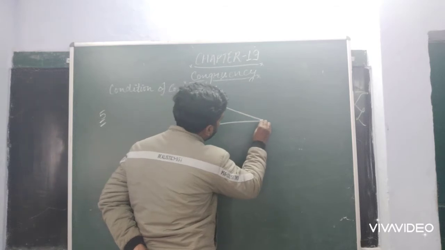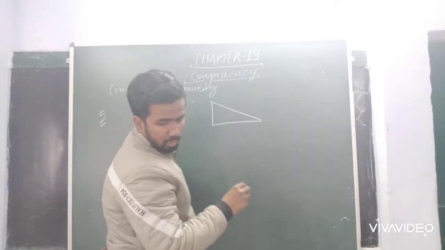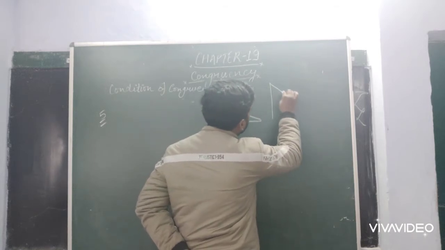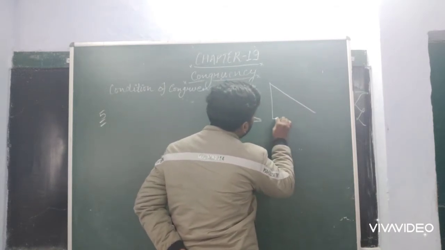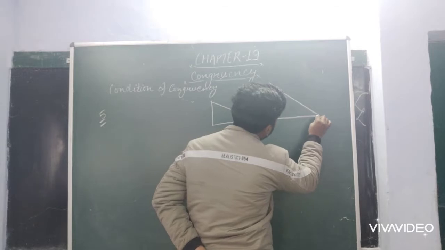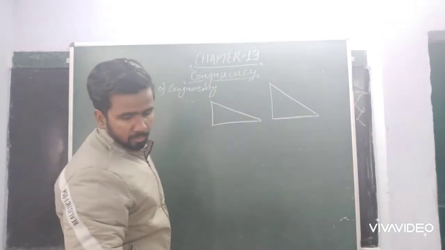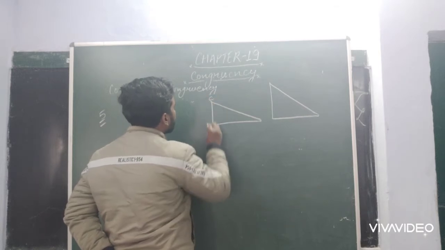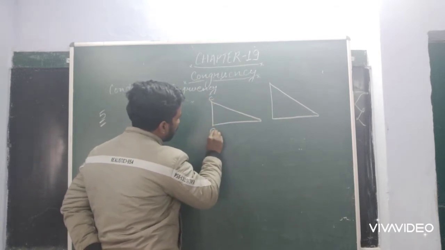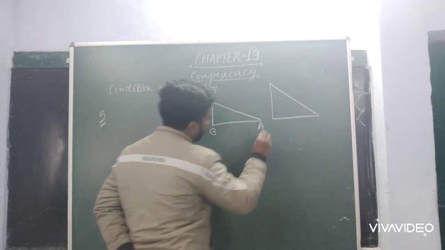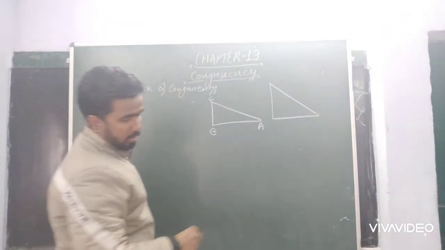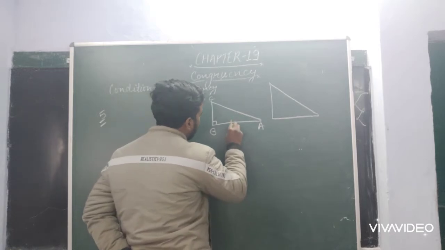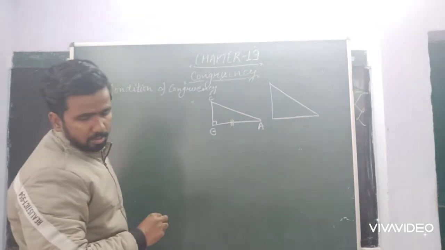This is the figure, and one more figure is given like this. Markings have been done. This is C, then this is B, this is A, and at vertex B the angle is forming 90 degrees. Then the sides are given.